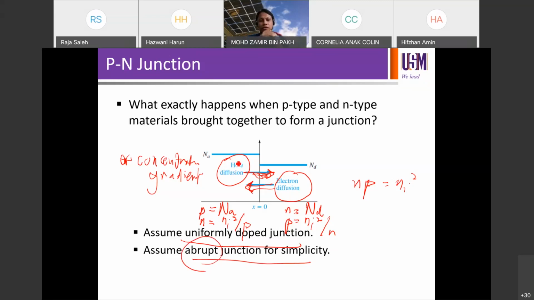If you're talking about electrons and holes, for example, we're talking about this abrupt change. If you're talking about a gradual change like this, then it's not abrupt, but this one is abrupt. So sudden change. Okay, so we are assuming abrupt change at the junction for simplicity.